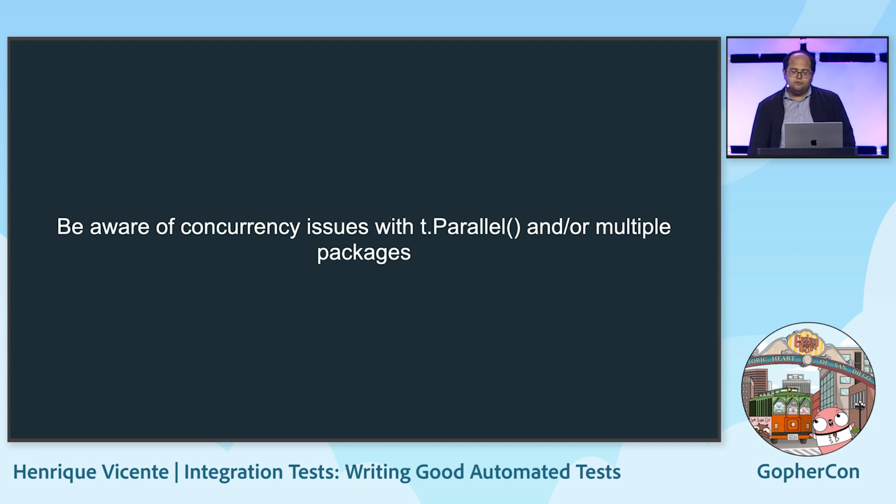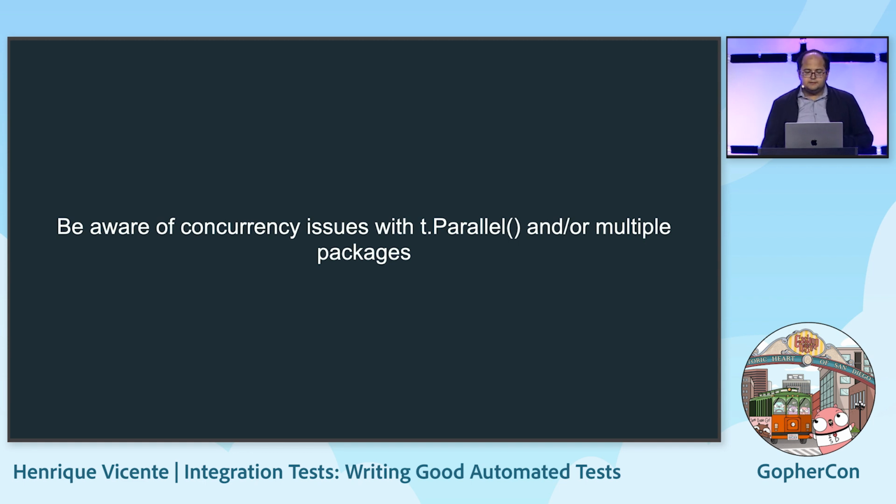Running multiple tests in parallel might require having a separate database or service separation for each test run, or another similar strategy to mitigate any concurrency issue that might arise. For example, if you are running different functions using t.Parallel at the same time, or multiple packages with the same database name and so on.